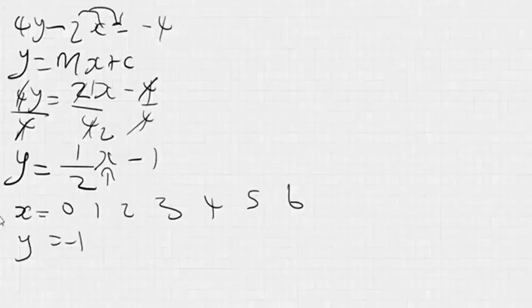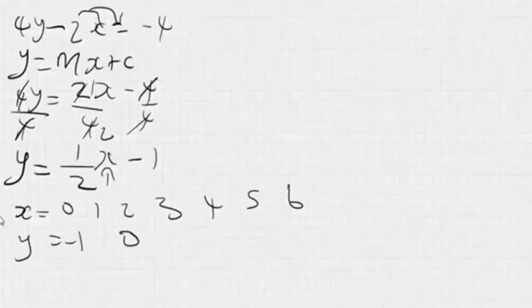Now when you plug in 1 here, you're going to get a fraction, half minus 1. So let's make use of the points that won't give us a fraction, so that this graph will be easy for us to plot. When you plug in 2, you're going to have 0. When you plug in 3, you are going to have a fraction.